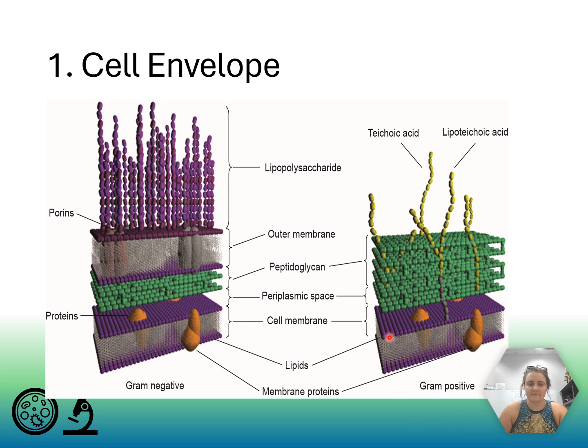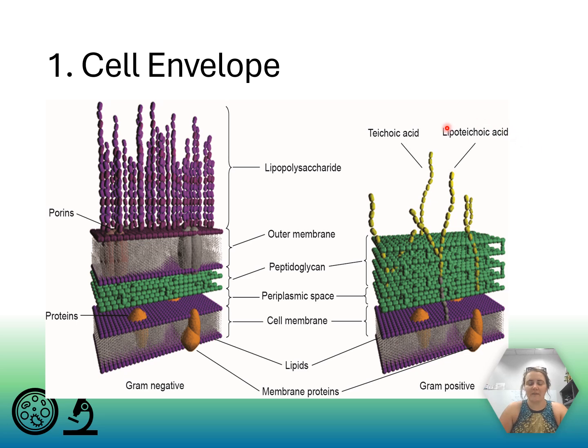Gram-positive, you're going to see this membrane space, these lipids in the cell membrane, again with these membrane proteins, but you're going to see a much bigger peptidoglycan layer on top of that periplasmic space. And what you will see is there are teichoic acids and lipoteichoic acids on the outside, and these are slightly different cellular structures that a gram-positive bacteria would use to communicate with its environment.